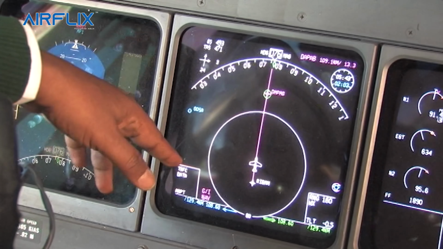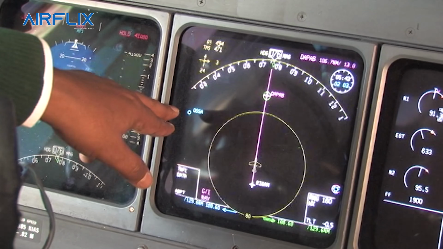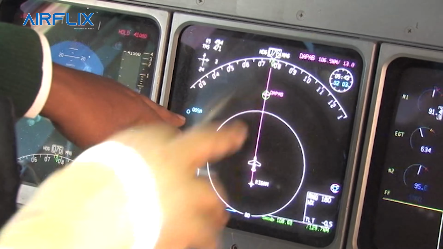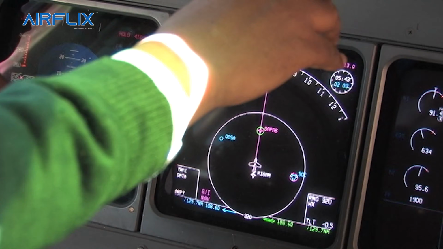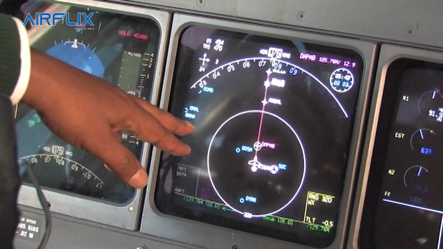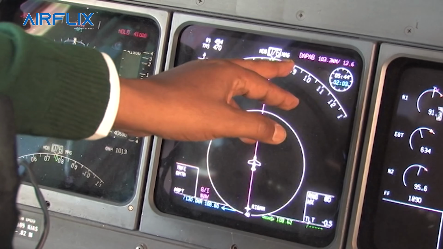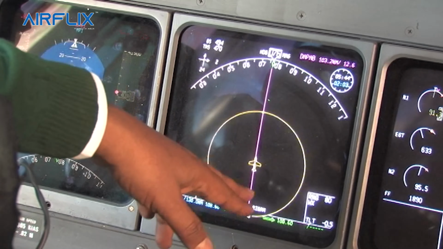It's good. Whenever we pass an airport, we'll see it, like here we have got Sana'a over here. If you increase the range, we probably will be able to see a lot of airports, like Muscat here. On the right side, this display tells us our distance and time to the next checkpoint on our route.